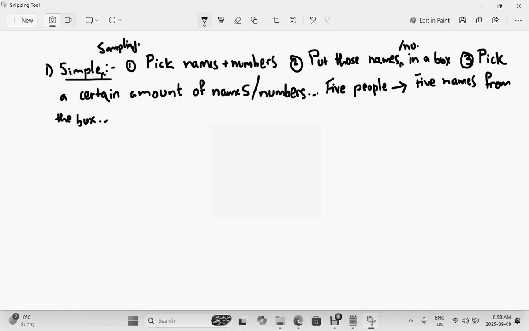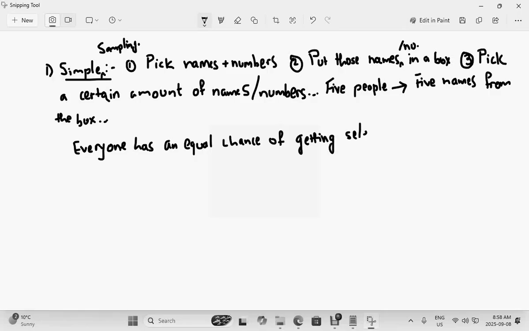And by definition, it basically means that everyone has an equal chance of getting selected. So this is simple sampling.